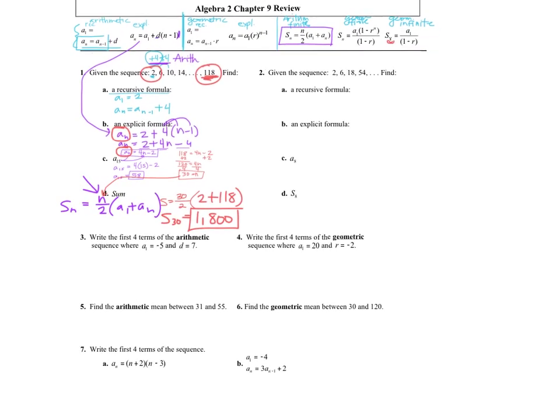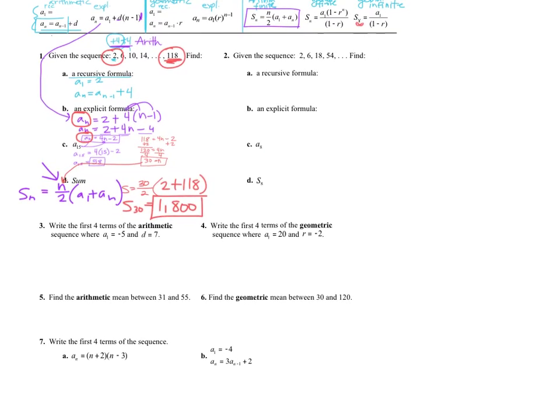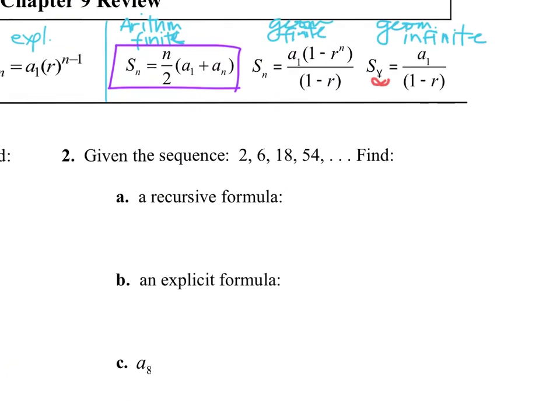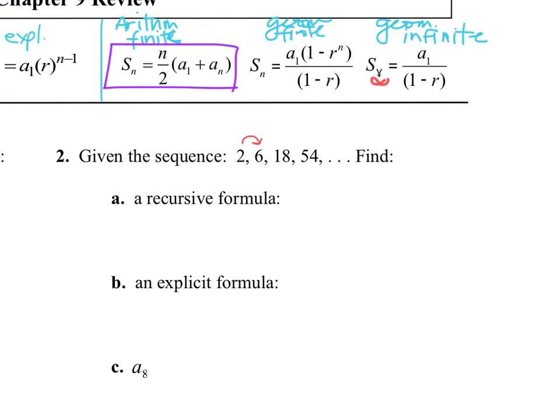Okay. Number 2. Given the sequence up here, find recursive, explicit, a sub 8, and S sub 8. Let's see what this one is doing. So to get from 2 to 6 and from 6 to 18 and 18 to 54, we're multiplying by 3 every time.